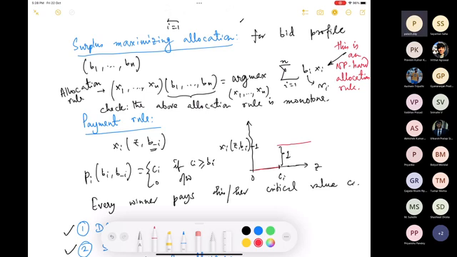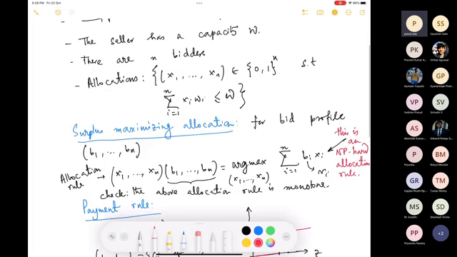In plain English, we do not know any efficient polynomial time algorithm to pick an allocation which maximizes this sum. The computational problem is, given bid values b1, b2 to bn, pick x1, x2 to xn which is a valid allocation, that means summation xi wi should be less than or equal to capital W, and subject to that constraint it maximizes summation bi xi.